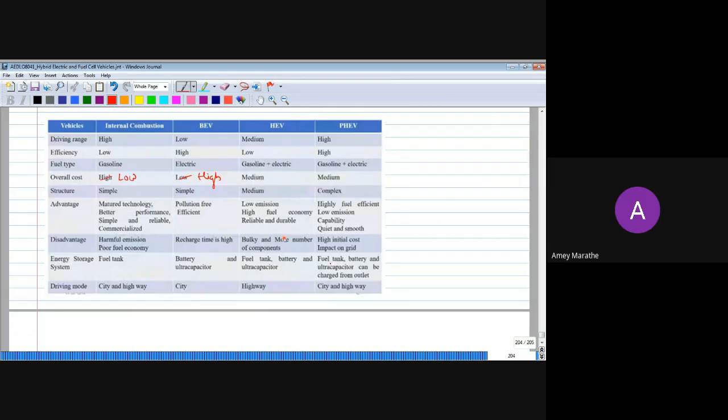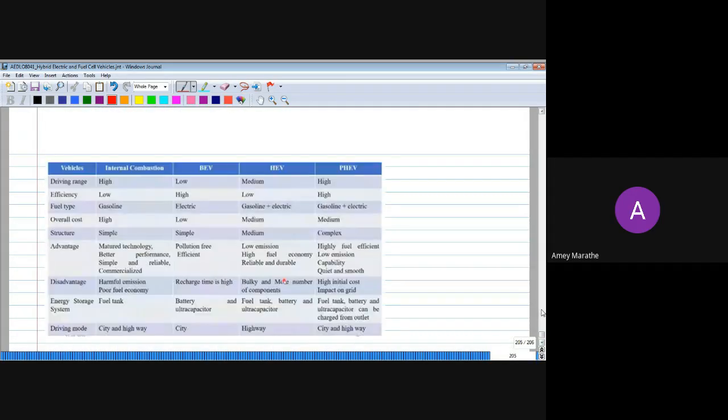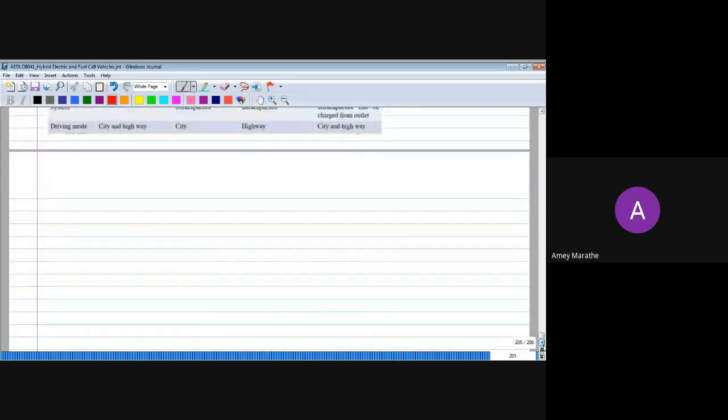So basically, to summarize, we have thoroughly seen all these three technologies, and at least now we have a better understanding of all this technology.